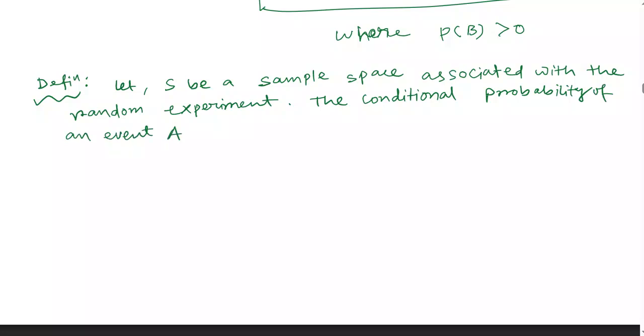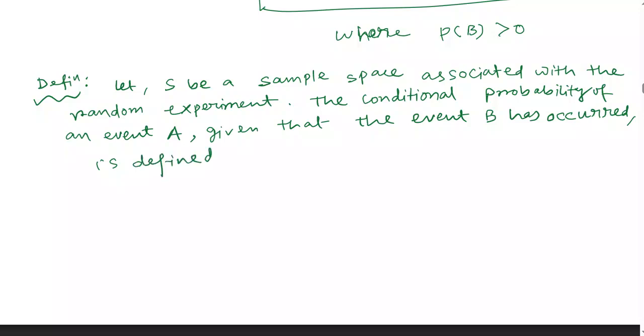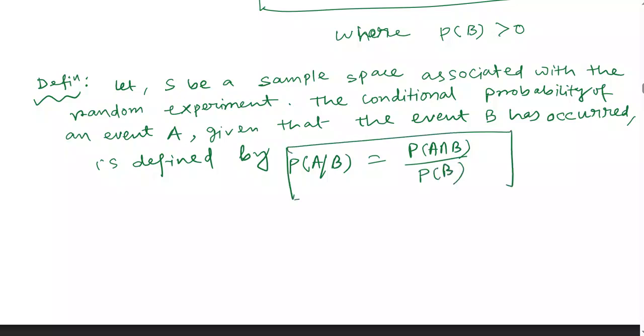The conditional probability of an event A given that the event B has occurred is defined by probability of A given B equal to probability of A intersection B divided by probability of B, provided probability of B is greater than 0.